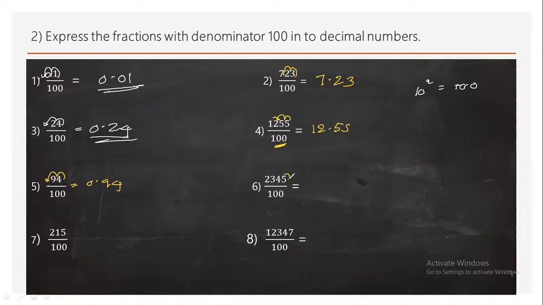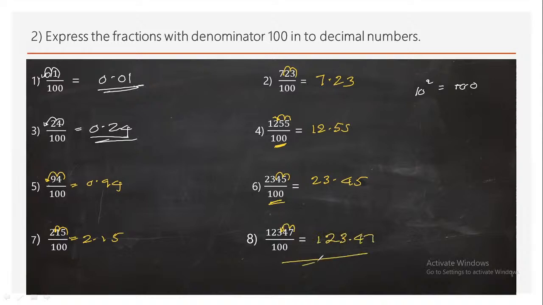Moving 2 decimal places towards the left-hand side over the line, because below the line contains 2 zeros, 23.45. Here 100 at the denominator, so the answer contains 2 decimal places, 2.15. Here 2 zeros, then 2 decimal places toward the left-hand side, 123.47.